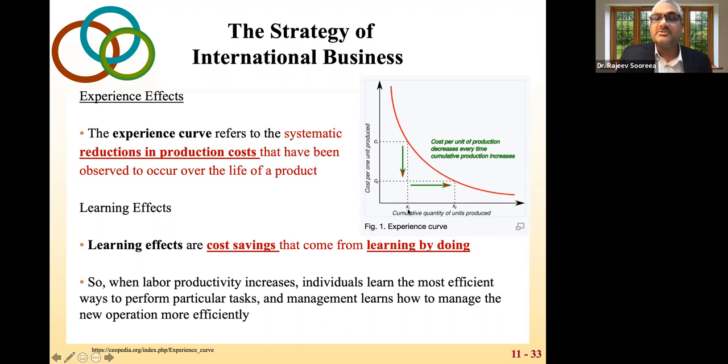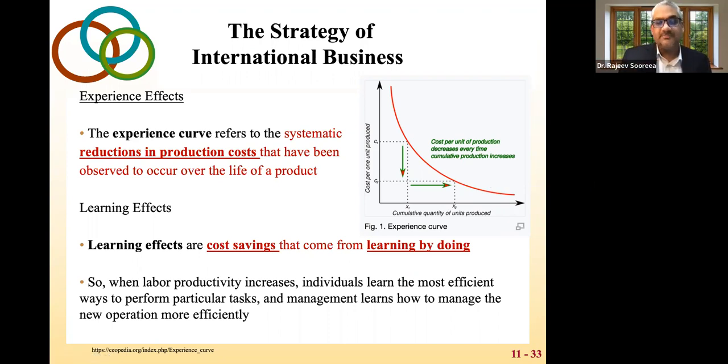So production goes from X1 to X2, your cost decreases from C1 to C2, right? That is, as you increase your production more and more, you're riding down this curve. And you want to be riding down this curve.